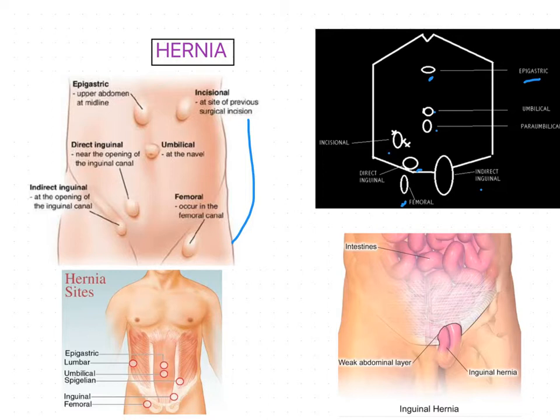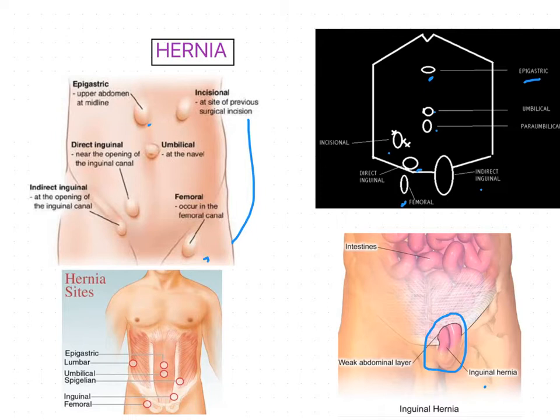Here you can see this inguinal hernia, how the intestine is coming out of the abdominal cavity. Because of this weak abdominal layer, some part of the intestine is coming out through this inguinal area, called an inguinal hernia. Okay, this is a femoral hernia.